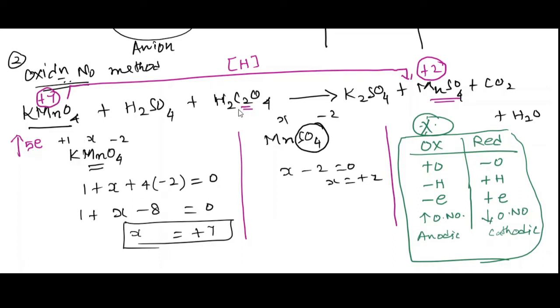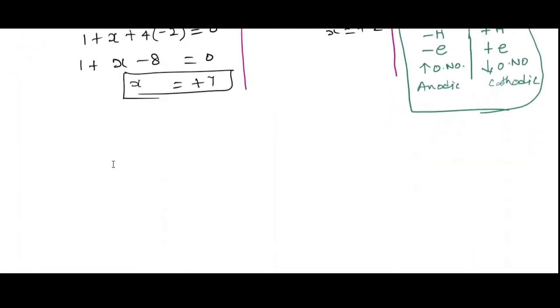Now let us come to oxalic acid. Let us check the oxidation number of carbon in oxalic acid, H2C2O4. So in H2C2O4, we need to find out the oxidation number of carbon. Oxygen is -2 and hydrogen is +1.